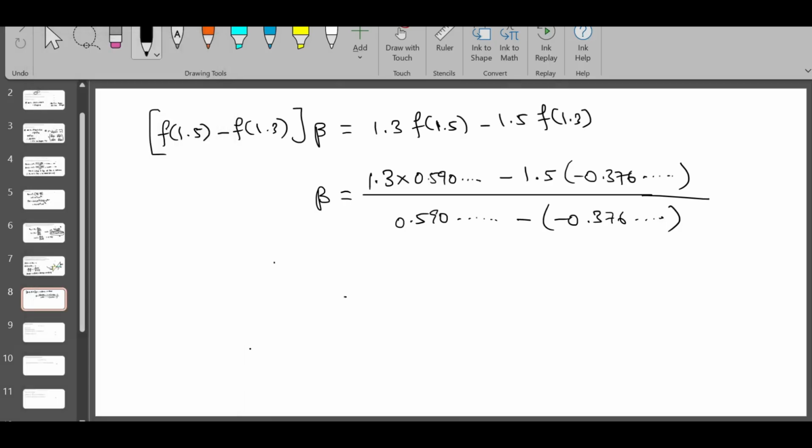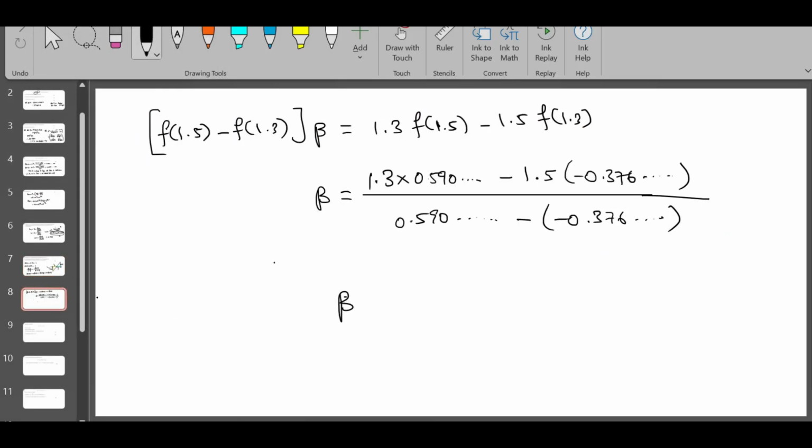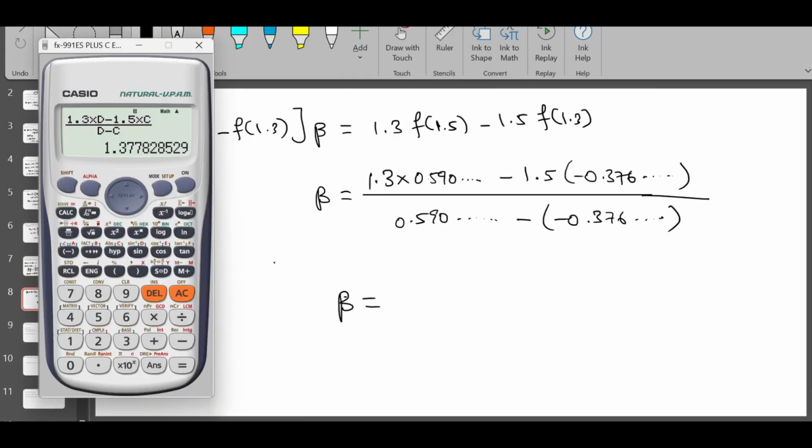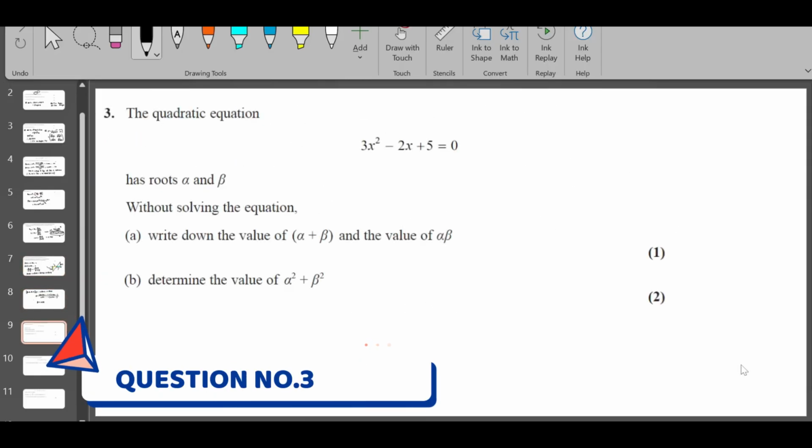They want the answer to 3 decimal places, so beta is equal to 1.378. That's how you apply the linear interpolation. Make use of the stored value in your calculator. That's all.